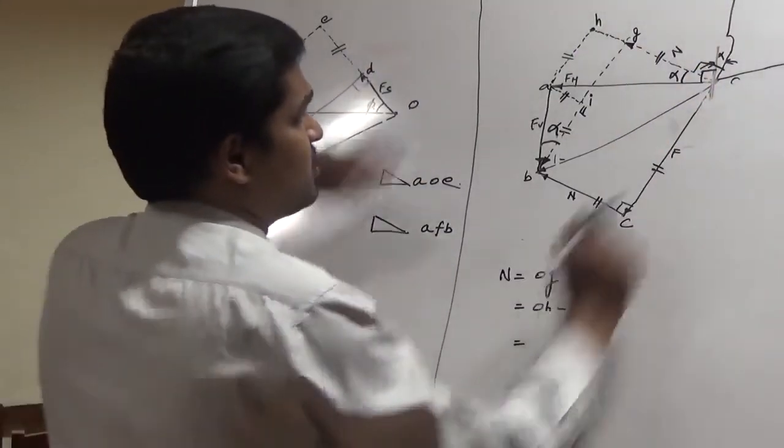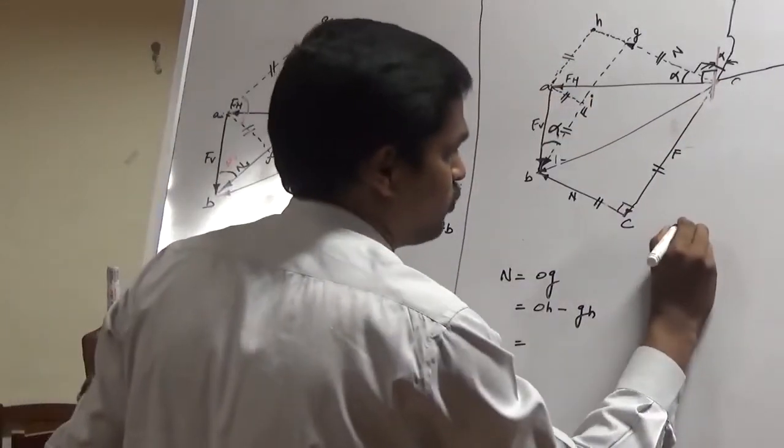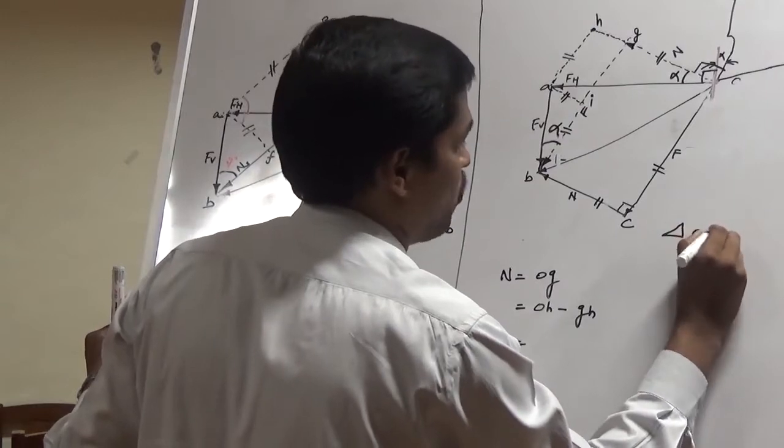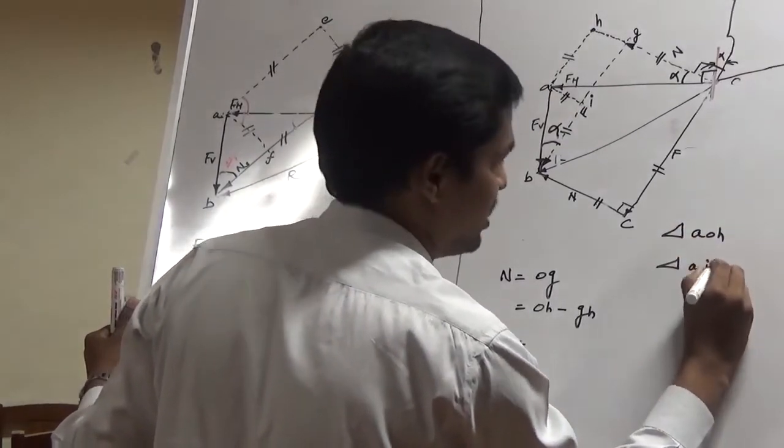So OH, the entire length, again here also I have two triangles, triangle AOH, another triangle is triangle AIB.